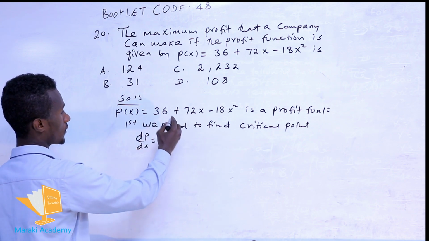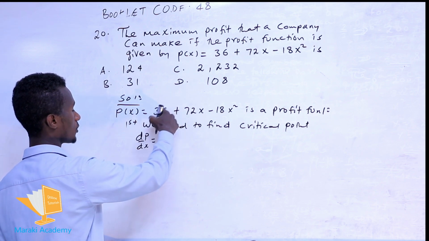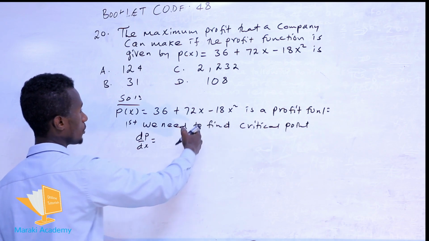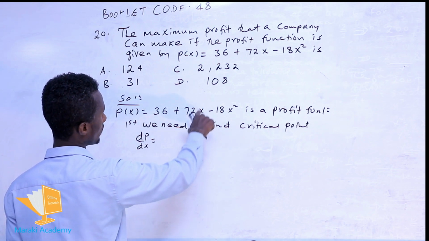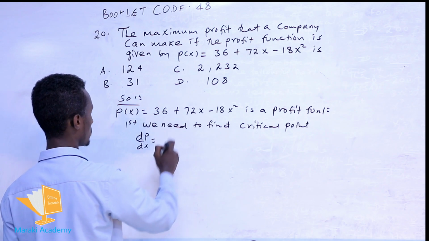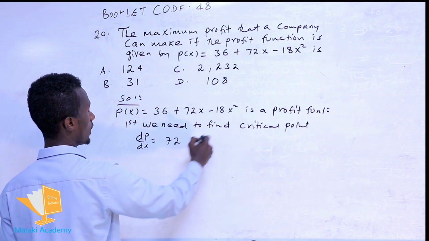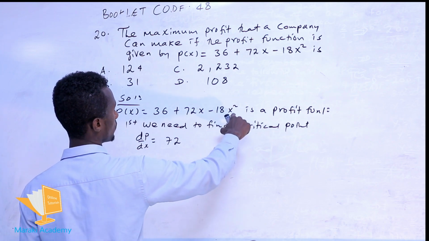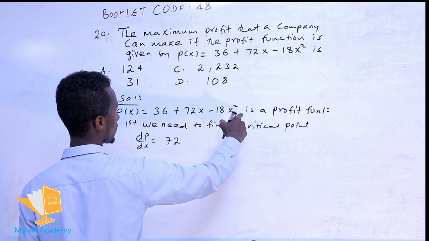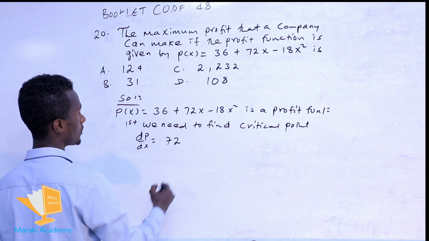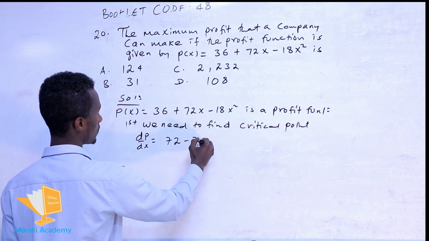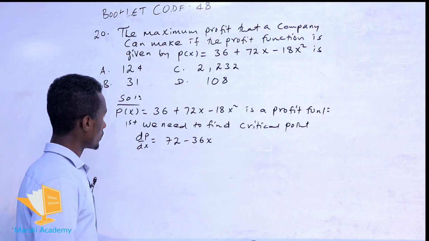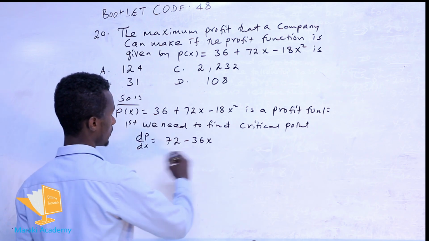When you differentiate the constant, that becomes 0. Using the polynomial form, the derivative of x is 1 times 72. The derivative of x squared is 2 times x, and when you multiply by minus 18, we have 36x. This is the derivative.